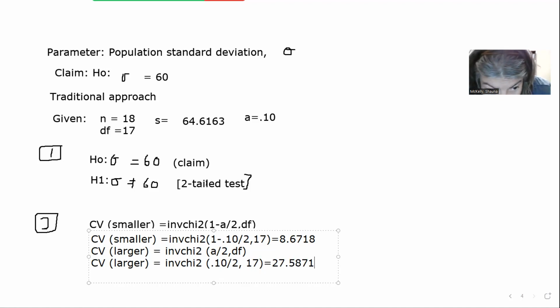Now, we need to know what the actual test statistic is. So we're going to do step 3. Step 3 here is for us to calculate the test value. Now, if you've looked at the PowerPoint slides for this, you realize that the test statistic formula is the following: chi-squared, and we're not squaring something over here on the left.